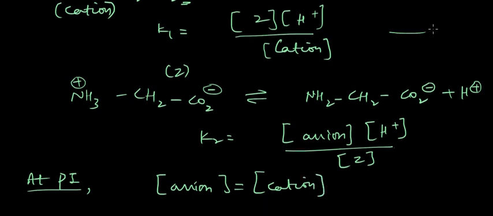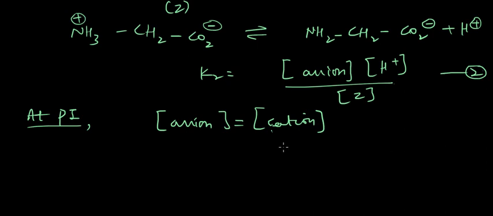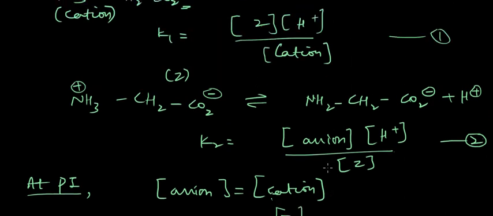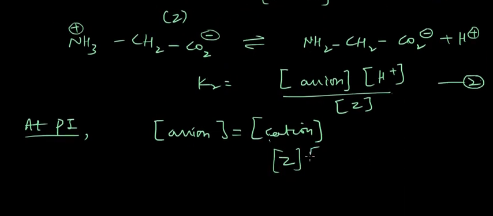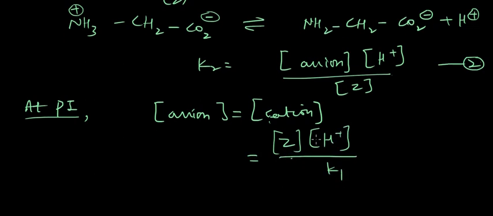From the first equation, the concentration of cation would be Z multiplied by H plus divided by K1, and from the second equation the concentration of anion would be K2 multiplied by Z upon H plus.